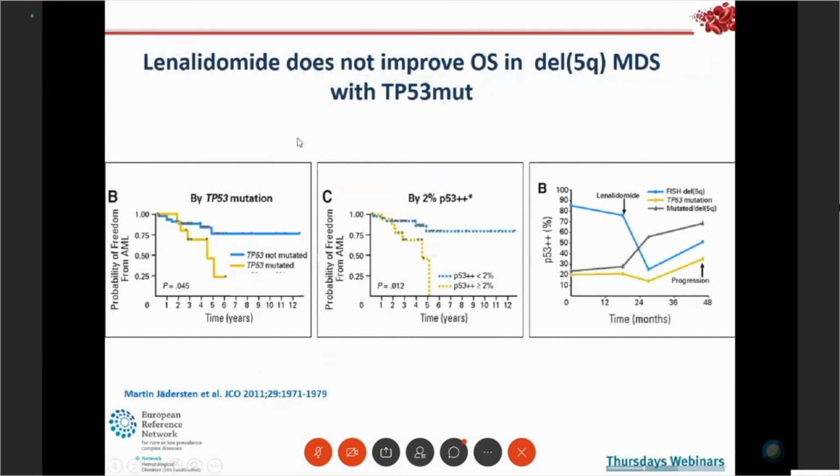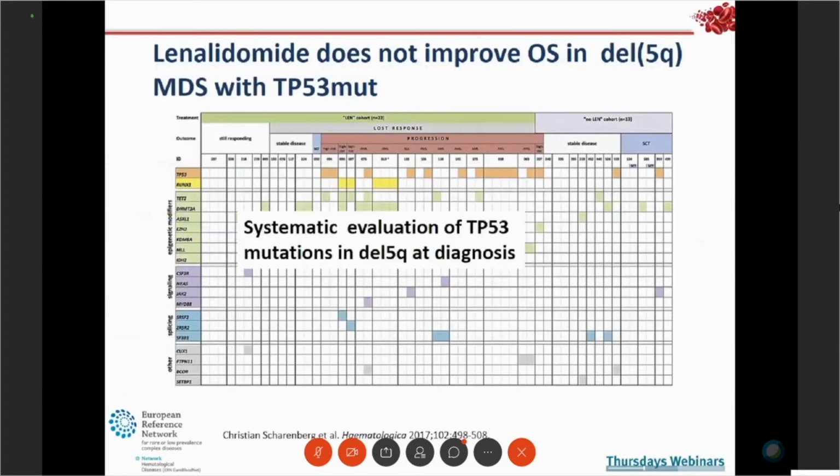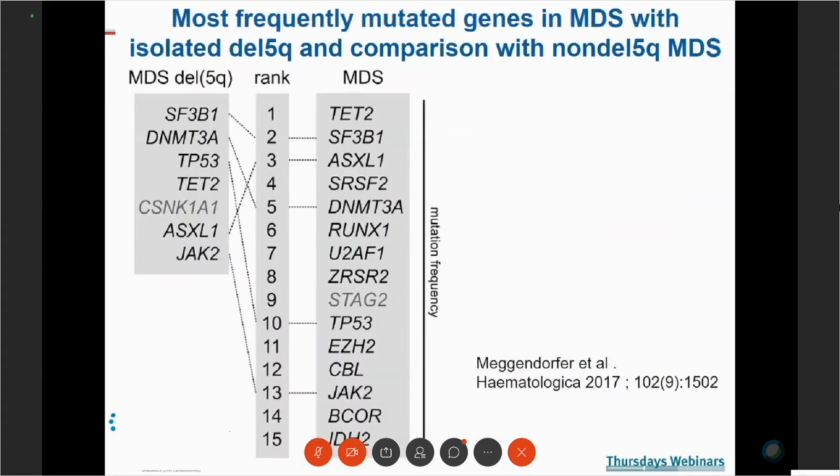In the past, it was known that by itself, TP53 mutation was a negative prognostic factor for del(5q) MDS. This is not exactly going to be the case, but what is very important is that in any diagnosis of MDS del(5q), we have to evaluate the presence of TP53 mutation and its allelic status to know exactly what the prognosis is and whether lenalidomide therapy is possible and allowed.